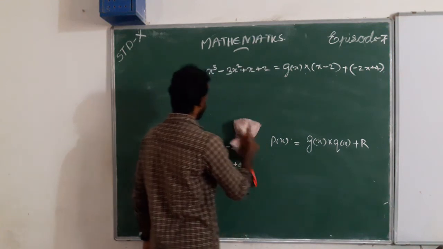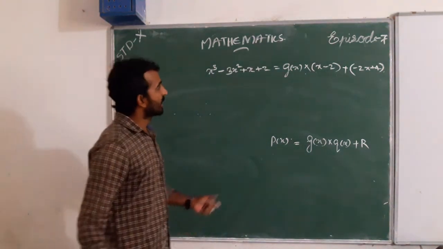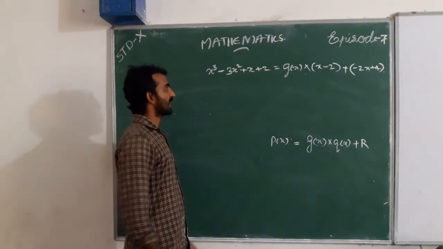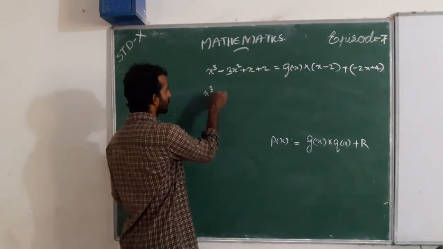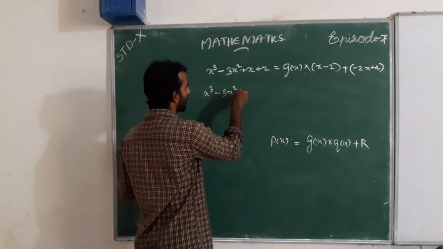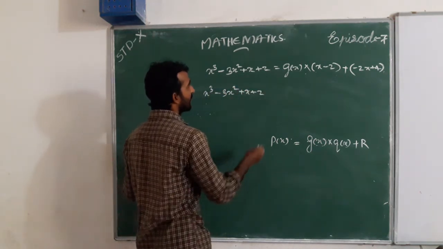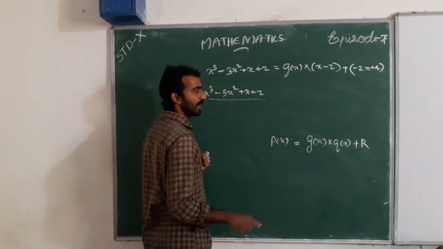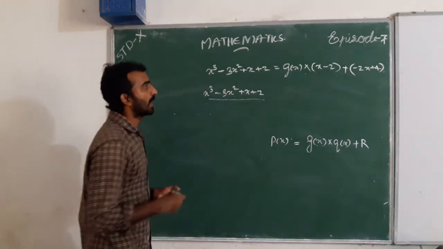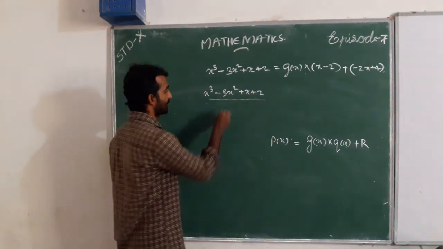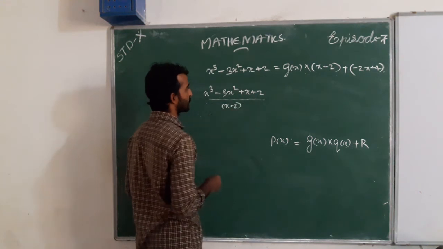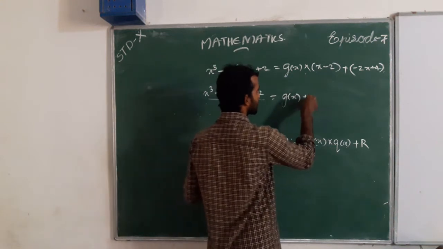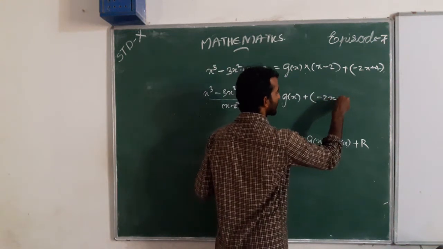The quotient is coming to the left side. That is, x cube minus 3x square plus x plus 2 by x minus 2 equals g of x plus minus 2x plus 4.